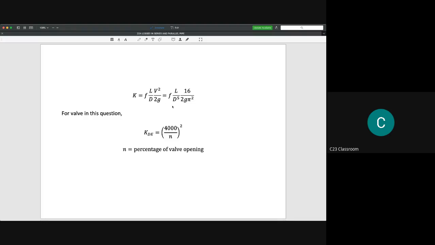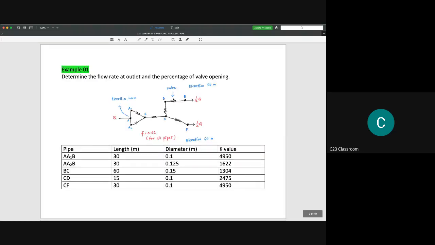Then we could substitute the values into this term. In this question, they give you the valve. The symbol of resistance here is actually because of the existence of the valve.